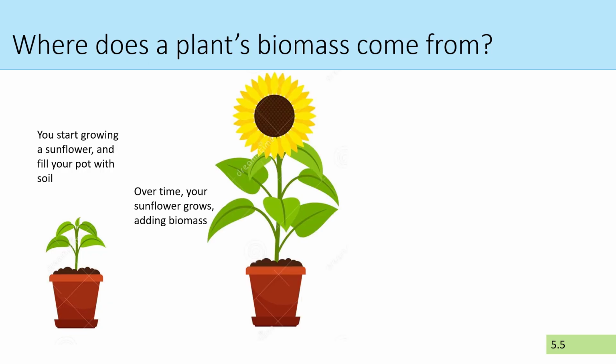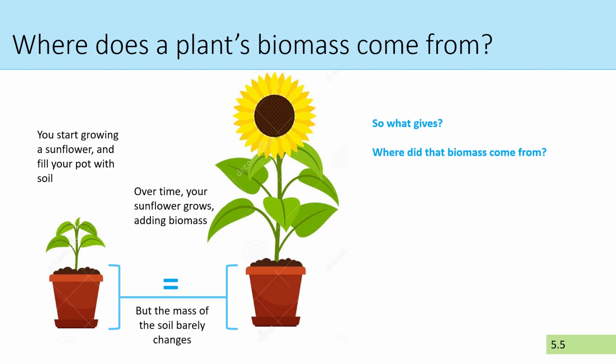Over time, your sunflower grows, adding to its biomass. But if you weighed the pots themselves, you would notice that the mass of the soil barely changes. So if the biomass added to your growing sunflower didn't come from the soil, where did it come from?